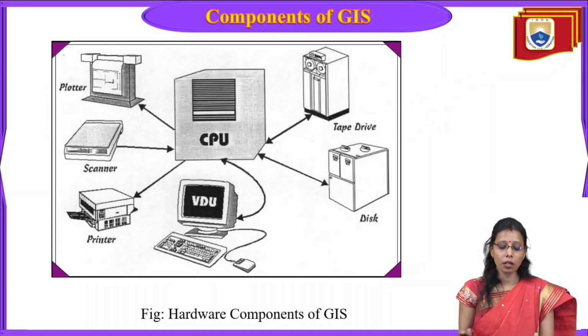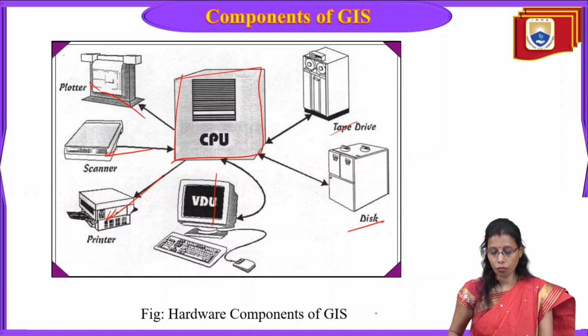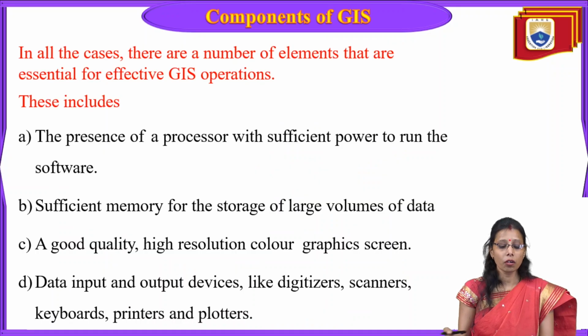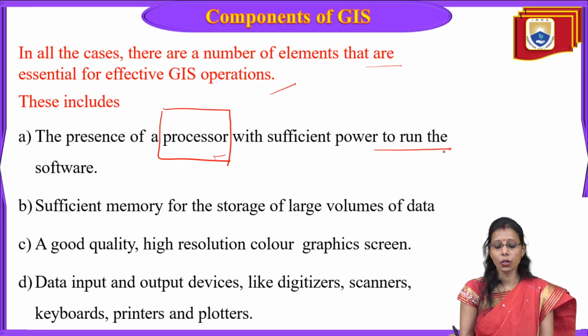If we talk about the hardware components, in hardware we have CPU, tape drive, disk, a computer system, a printer, a scanner, and a plotter. These are the hardware components of GIS. In all cases there are a number of elements essential for effective GIS operations. To operate a GIS, first we need a processor with sufficient power to run the software.